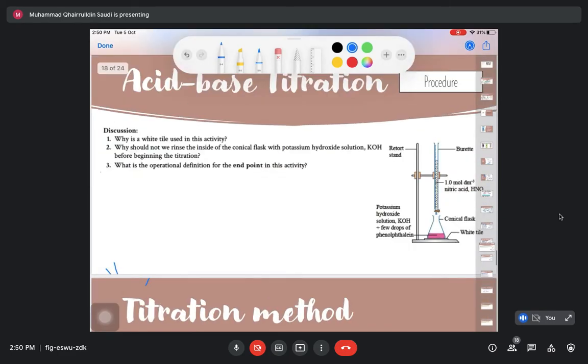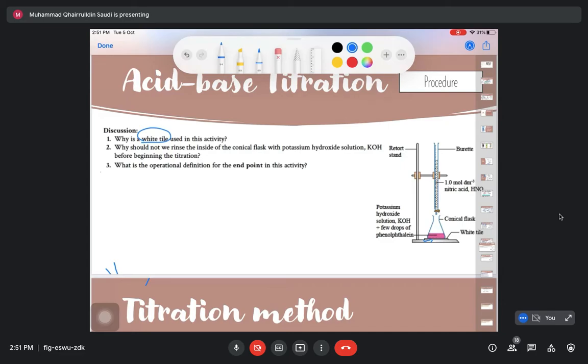Why is a white tile used? Kenapa kita guna white tile dekat bawah ni? Siapa boleh agak or answer this question? Kenapa ada white tile kat bawah ni? Tengok colour.